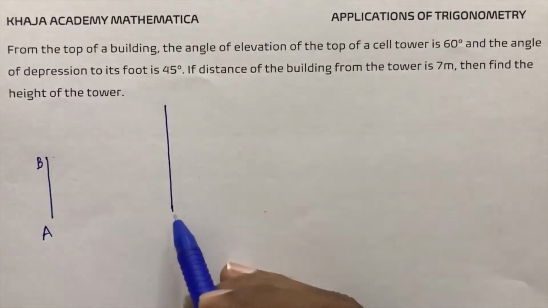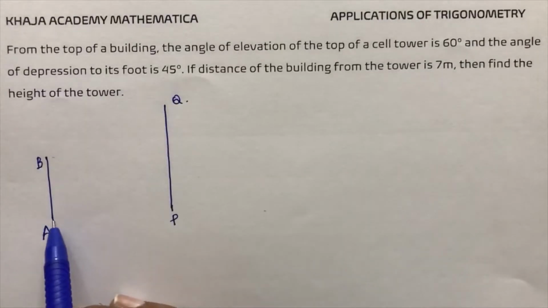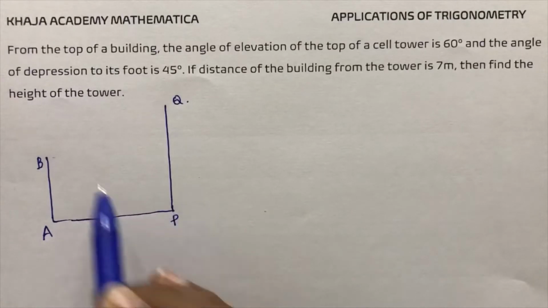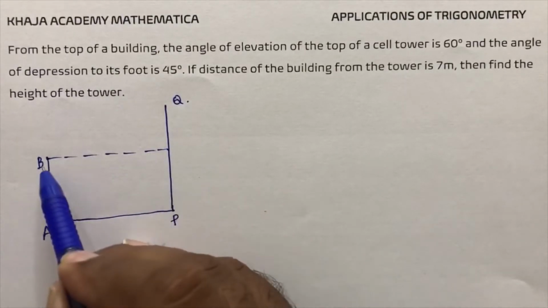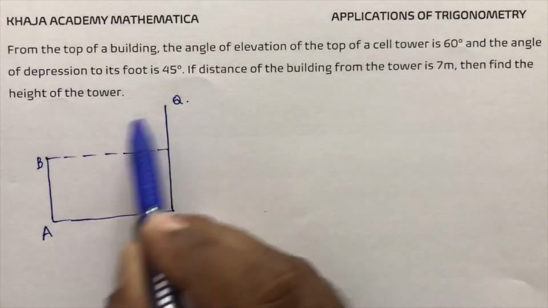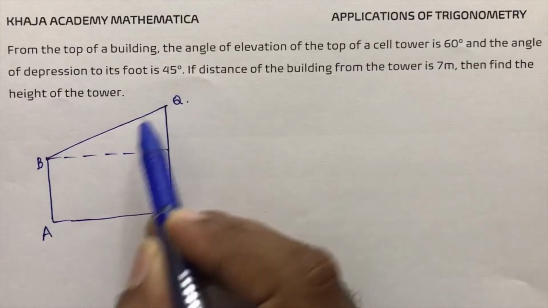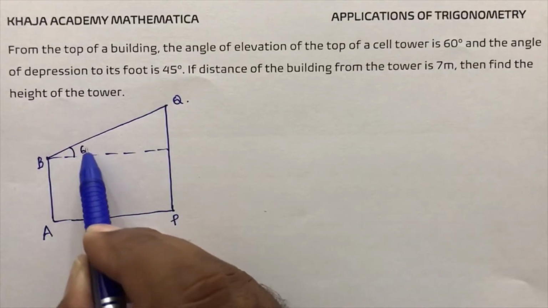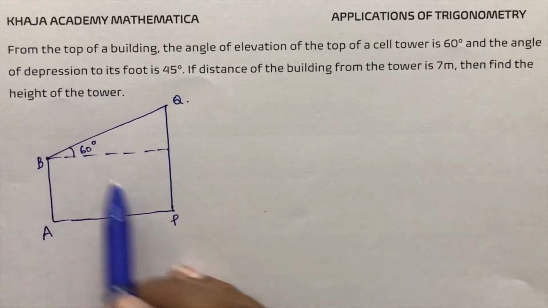So here I'll take PQ as the tower. The angle of elevation, so here you draw the horizontal surface. The angle of elevation of the top of the tower from the top of the building is 60 degrees.